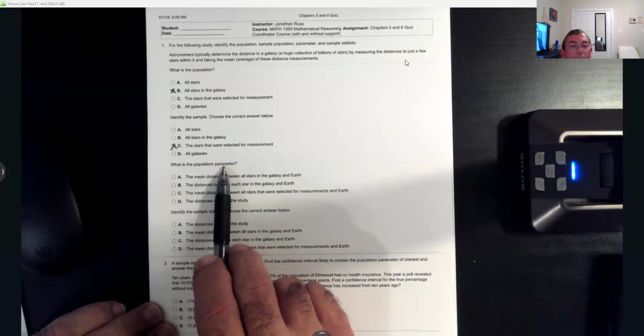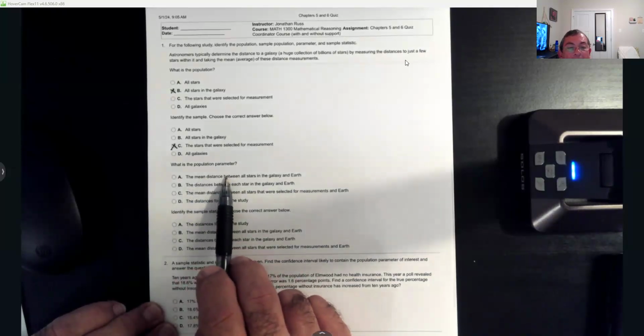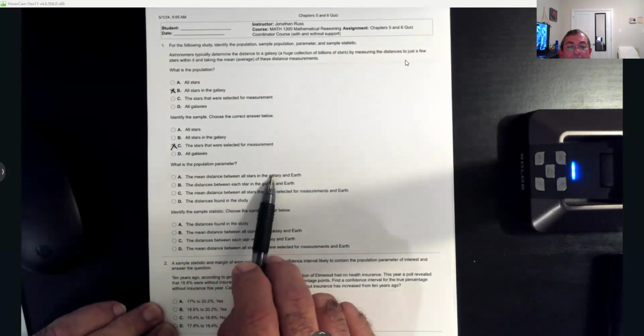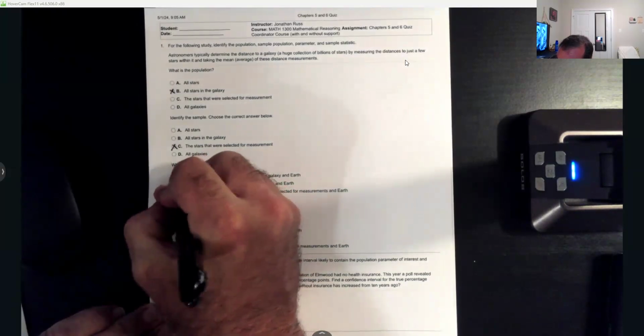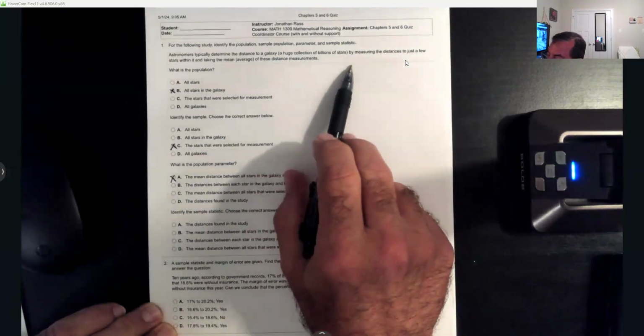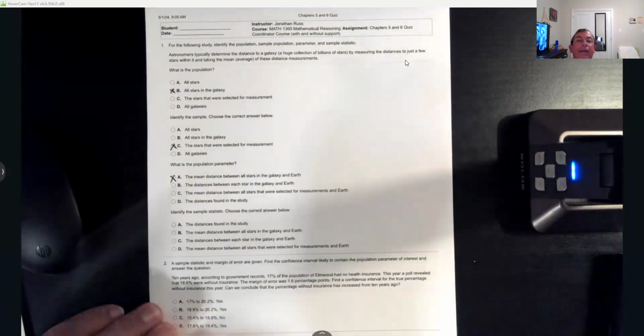So for us, our population parameter is the mean distance between all the stars in the galaxy and Earth. And that's what they said up here by measuring the distances, okay?